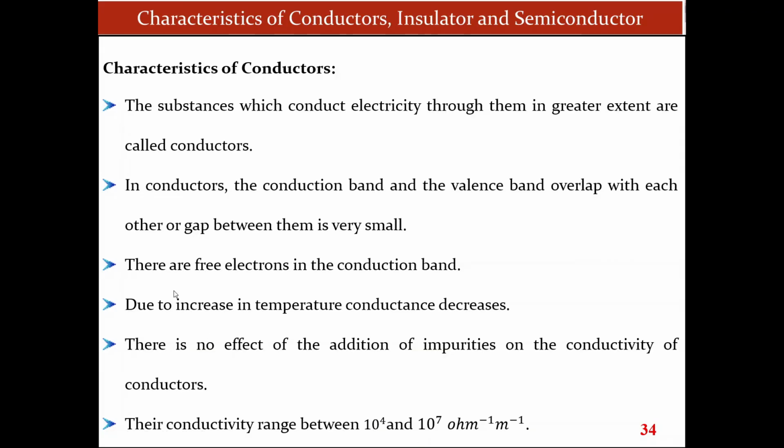There are free electrons in the conduction band. Due to increasing temperature, conductance decreases. There is no effect of addition of impurities on the conductivity of the conductor, unlike in semiconducting material.